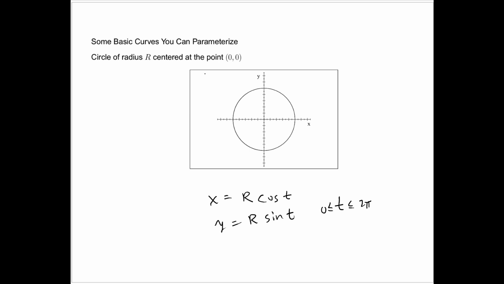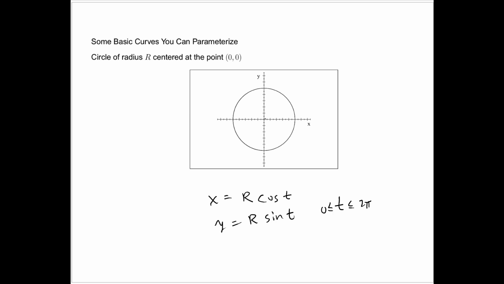Remember, parameterization always requires that you give me functions for x and y, and you give me an interval. In this case, we're always going to be talking about a closed interval for a parameter t.